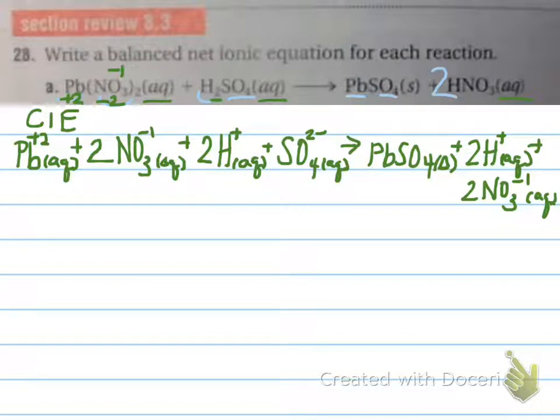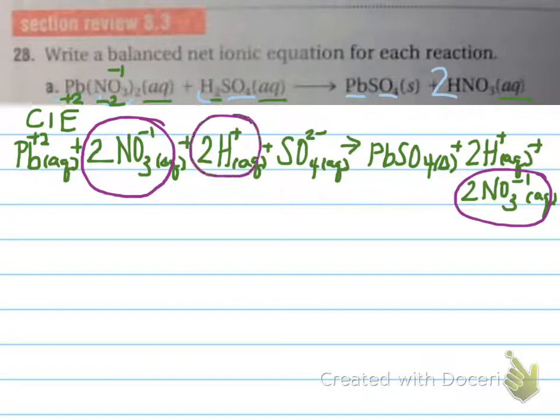So now I want to identify my spectator ions. Okay, so the ions that exist on both sides of the equation exactly the same way. So notice 2 nitrates exactly the same way. Notice 2 hydrogens and 2 hydrogens.